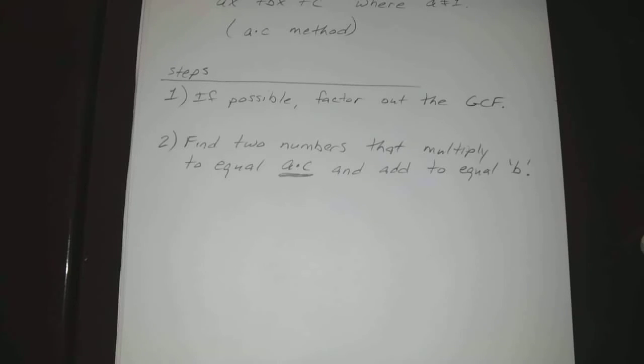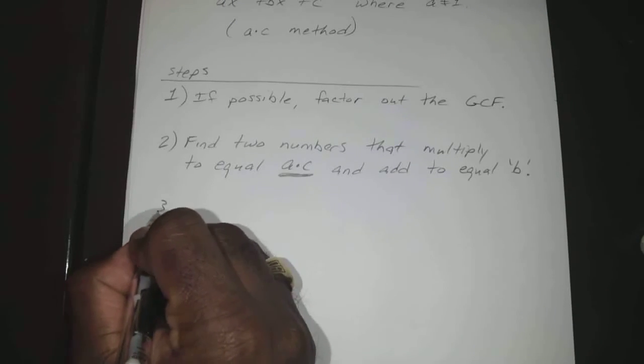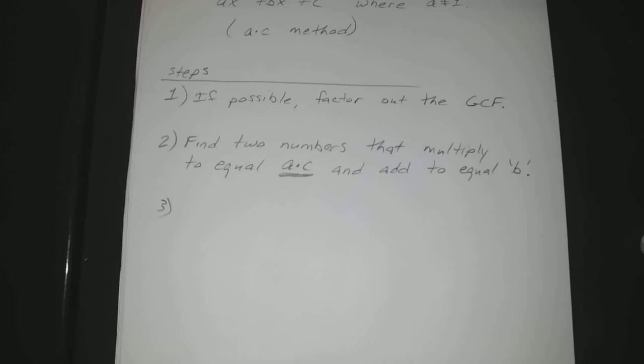Now once you do that, your third step is whatever your bx is in the middle, you're going to replace it with the two values from step 2.